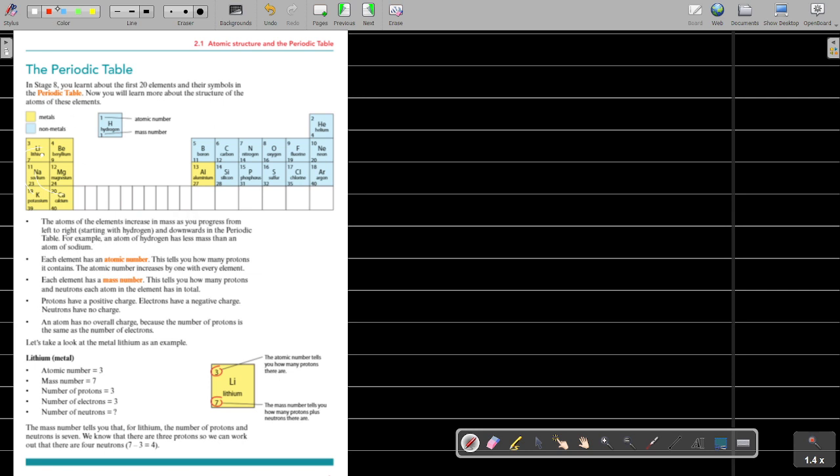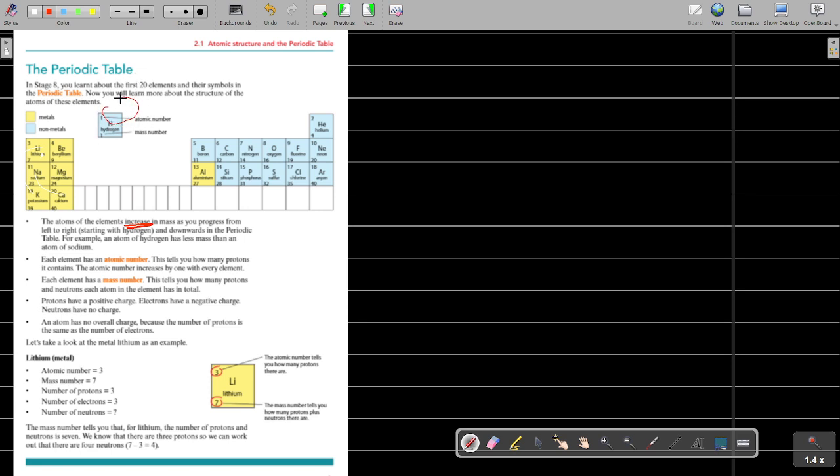The atoms of the elements increase in mass as they progress from left to right, starting with hydrogen and downwards in the periodic table. For example, an atom of hydrogen has less mass than an atom of sodium. Search hydrogen.